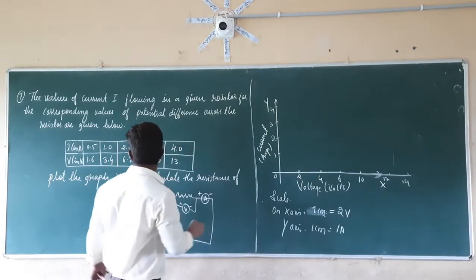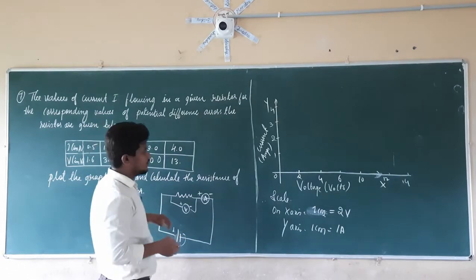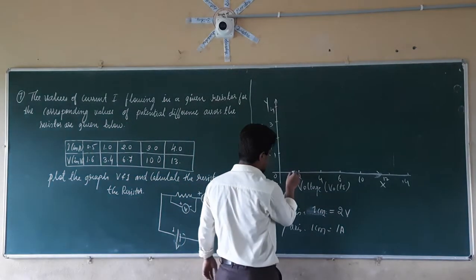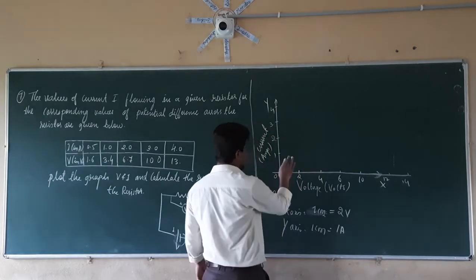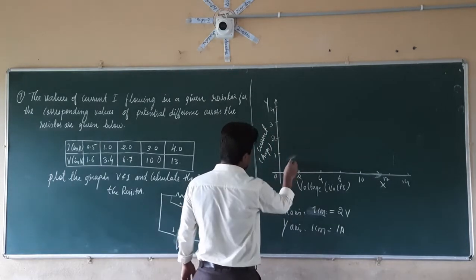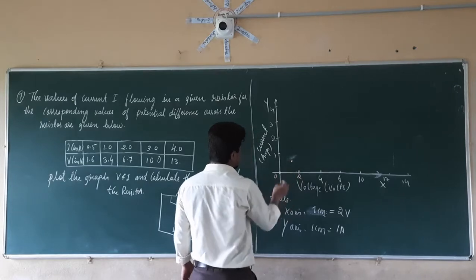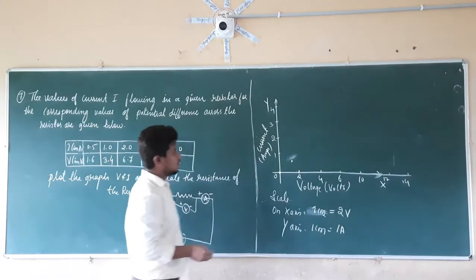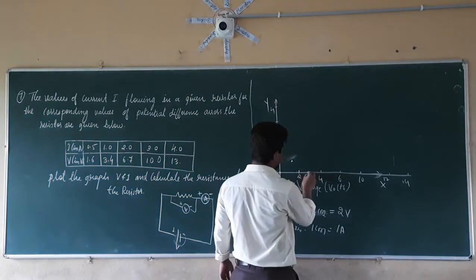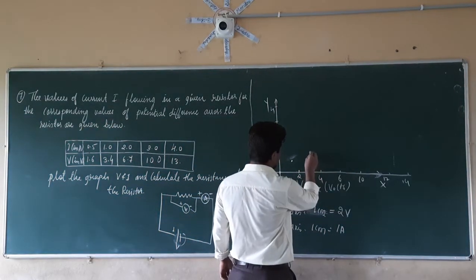See here, for 1.6 volts the current value is 0.5 amperes. If you take 1.6 here, the current value is 0.5 amperes, so it will be nearly here. At 0 volt the current will be 0 only. For 3.4 volts the current is 1, so 3.4 will be here and it is equal to 1.